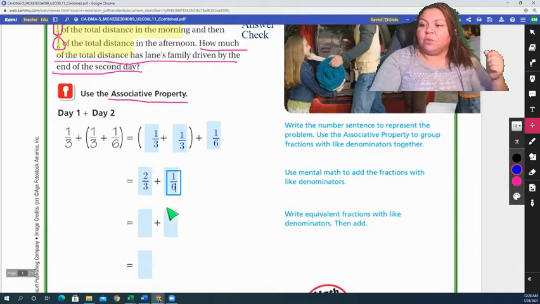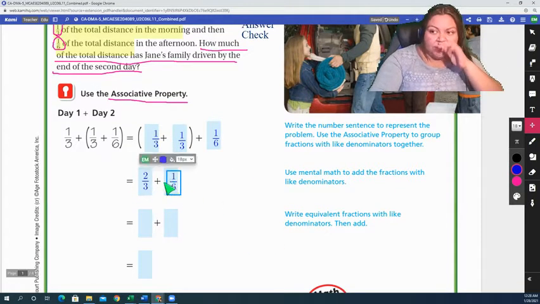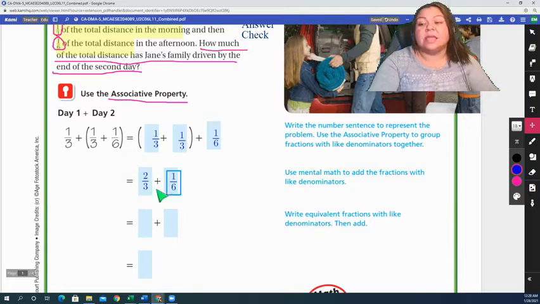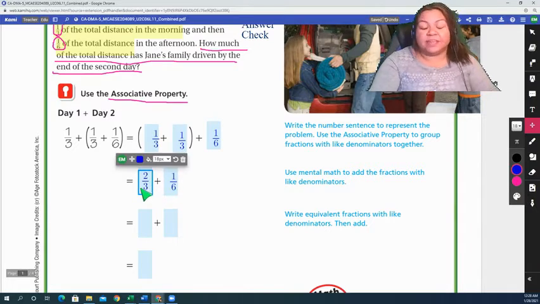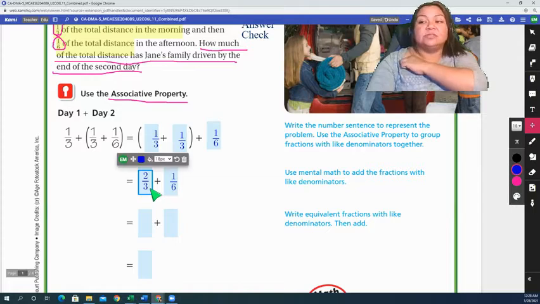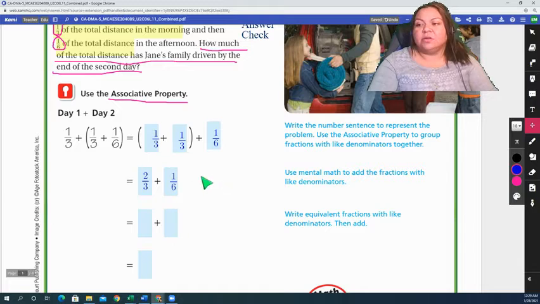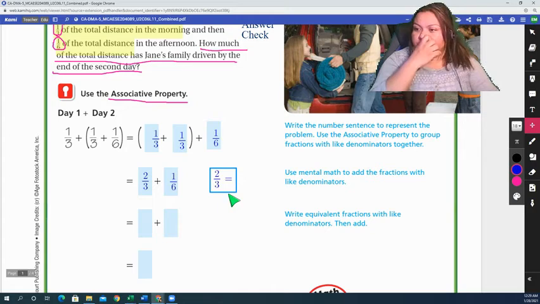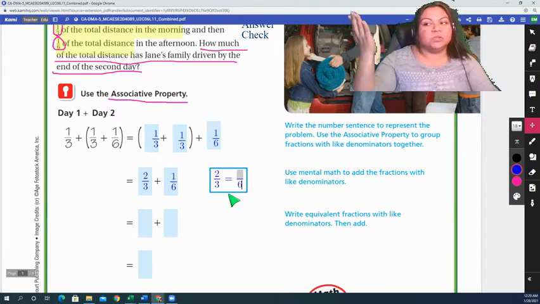Now we need to write the equivalent fractions because now we just need to add 2/3 plus 1/6. But our denominators are different. Now I already know that 6 is a multiple of 3. So that means that I can use 6 as a common denominator. So we're going to find the equivalent fraction of 2/3 that has a denominator of 6. I think, 3 times what number equals 6?